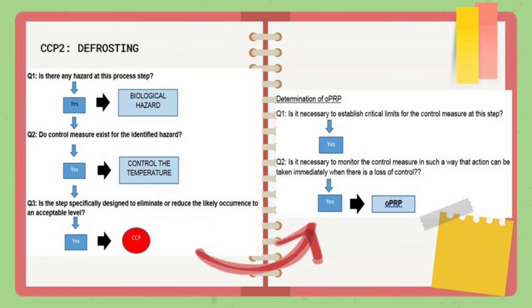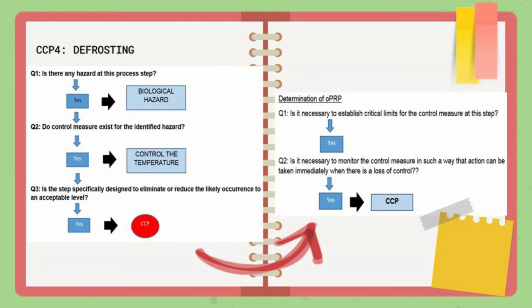While for defrosting, the type of hazard that can occur during this step also is a biological hazard, and the control measure for the identified hazard is also by controlling the temperature. The determination of OPRP is resulting as an OPRP in the last one because it has no critical limit.